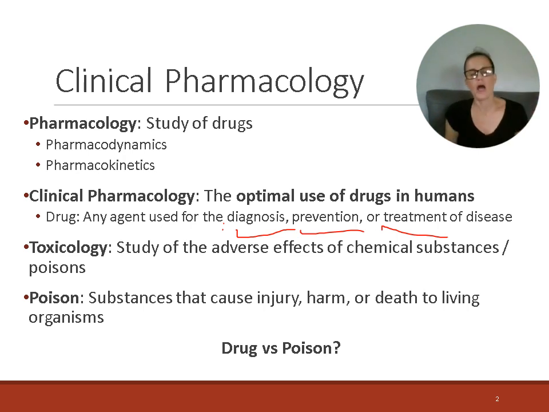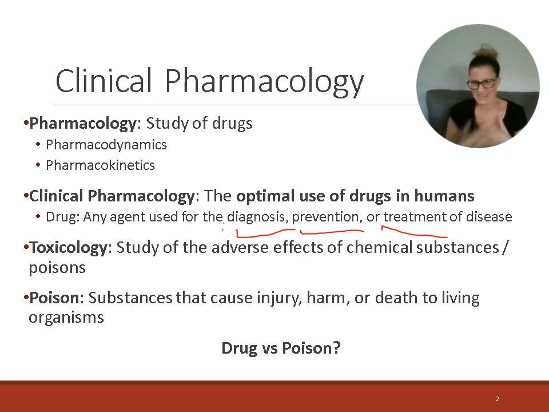So when we talk about clinical pharmacology and rational prescribing, we have to look at toxicology as well. Toxicology is very closely related to medication use. It's defined as the study of the adverse effects of chemical substances, or the adverse effects of poisons. That brings up the word poison.